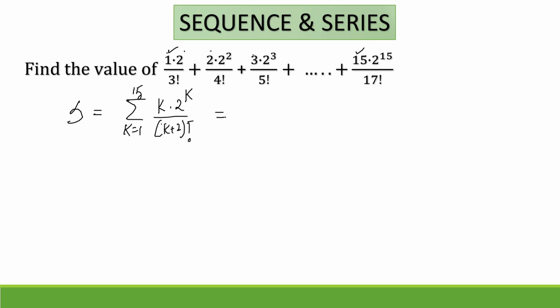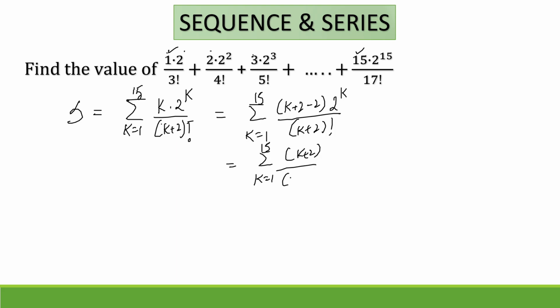Okay. So what we can do here is this. Summation k equals 1 to 15. We can write (k plus 2 minus 2) into 2 to the power k by (k plus 2) factorial. Okay, so when we apply the distributive law and separate this, we get basically (k plus 2) into 2 to the power k by (k plus 2) factorial, so (k plus 2) by (k plus 2) factorial into 2 to the power k, minus the sum from k equals 1 to 15 of 2 to the power (k plus 1) by (k plus 2) factorial.